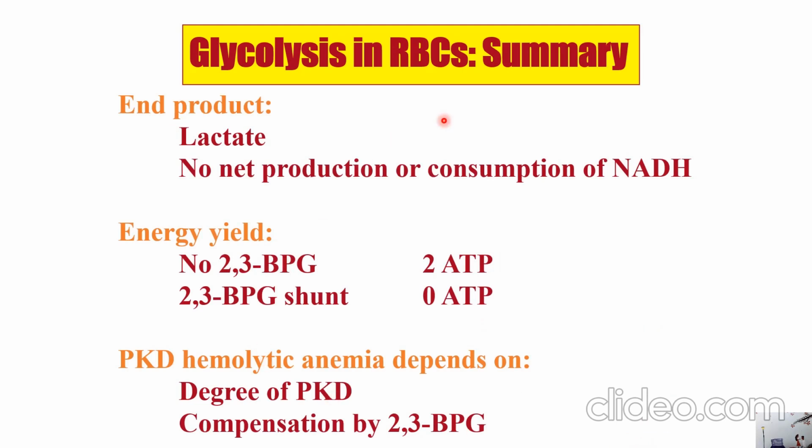So in RBCs, the end product will be lactate, no net production or consumption of NADH, no 2,3 BPG or with the 2,3 BPG shunt, 2 ATP and 0 ATP, and the hemolytic anemia will depend on all these factors. So if you're talking about glycolysis in RBCs, this will be important.